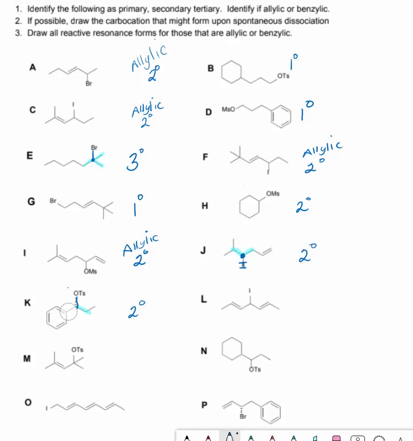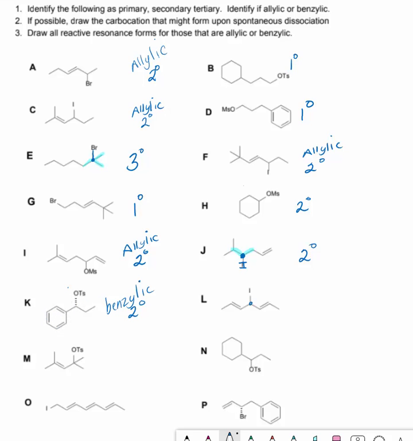That's what this is, and when it's bonded like this, we call it a phenyl. This is called a benzylic secondary compound. So it's the carbon bonded to the ring that makes this benzylic.